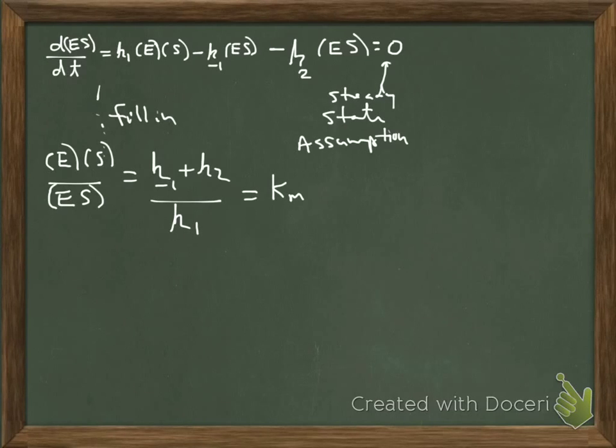Oh, this is fun. Okay, and so we can write down statements that have to do with mass conservation. And so one is that E0, total enzyme, can only be in two places. It can be E and ES, right?